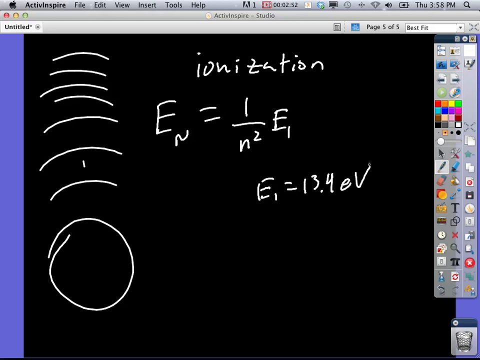Here comes a photon. Its energy I can calculate by what? How do I find the energy in a photon of light that is a specific wavelength? Yes, just hf. E is hf. That's the first equation, the first thing you see.